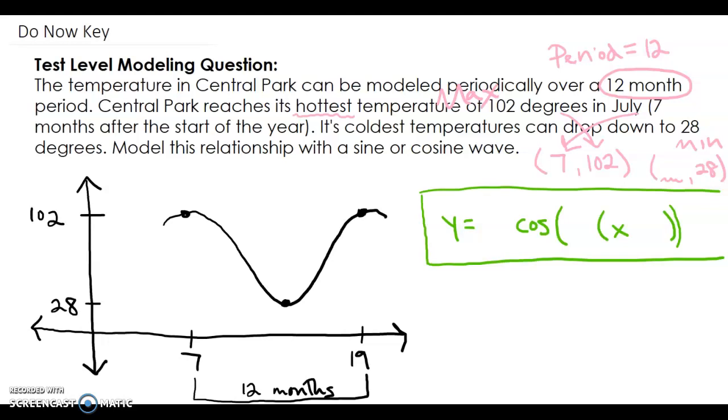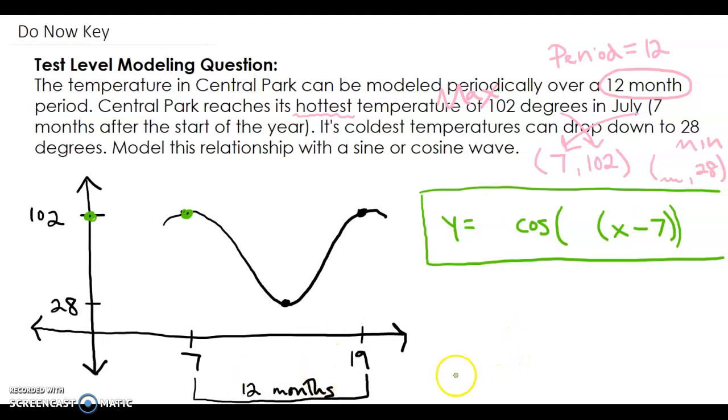For one thing, we see that our initial point here is at 7. Normally, we would have our initial point for our cosine function on the y-axis. And so we see that there's been a phase shift to the right 7. What that's going to look like here is just an x minus 7 for our phase shift.